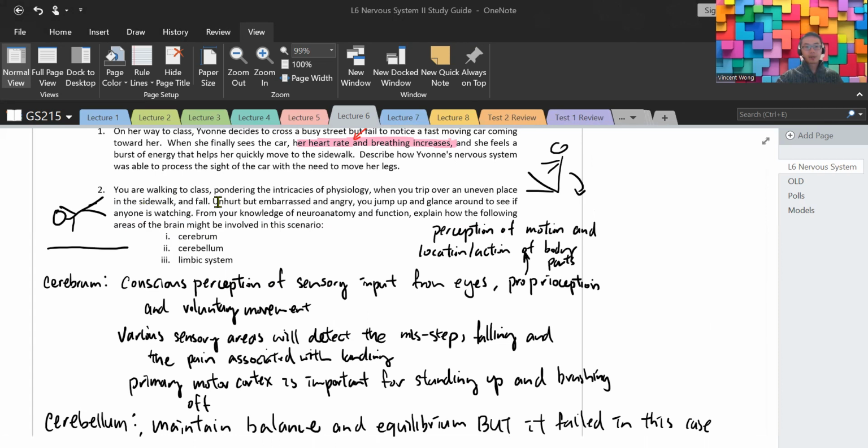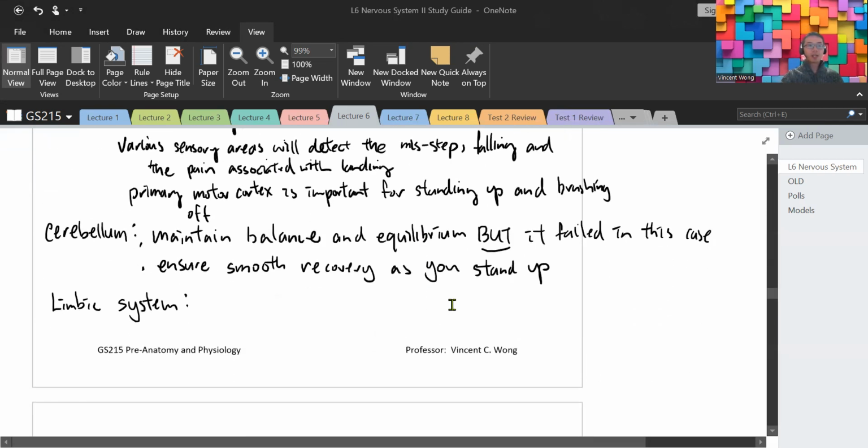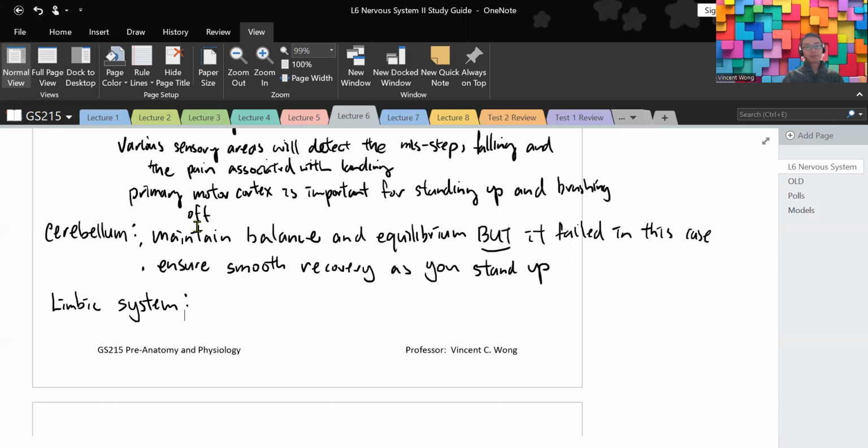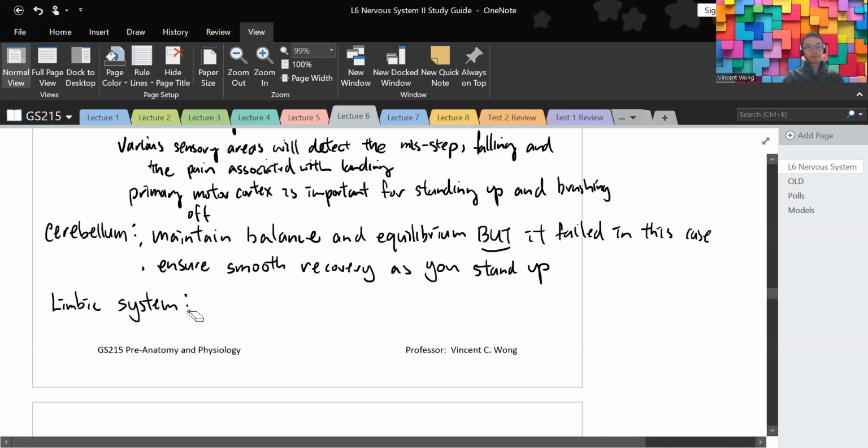After you fell, how do you feel? Unhurt but embarrassed, right? So which part of the limbic system is responsible for the feeling of embarrassment? Which part? Temporary. Not quite, but good try.